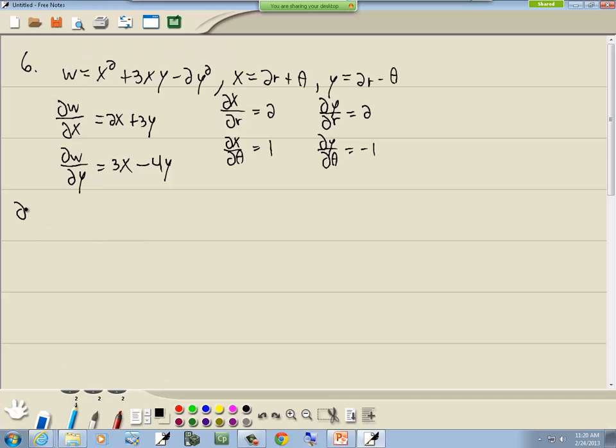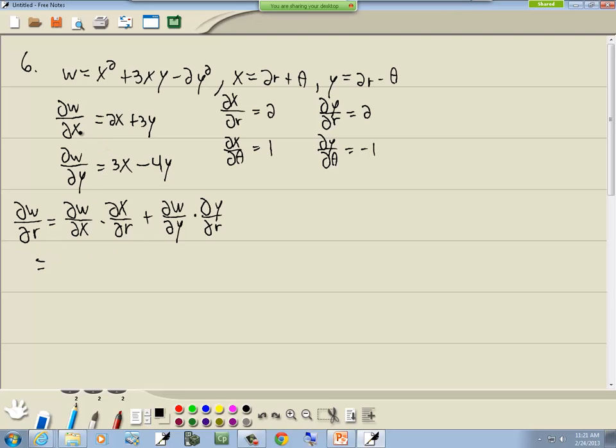So now, first thing, I want us to find the partial with respect to r. So partial of w with respect to r is going to equal the partial of w with respect to x times the partial of x with respect to r, plus the partial of w with respect to y, our second variable, times the partial of y with respect to r.